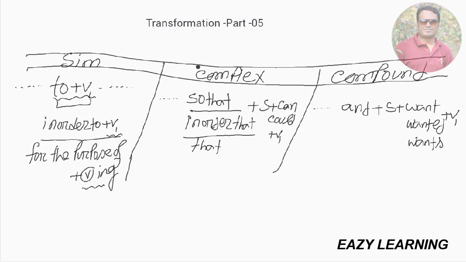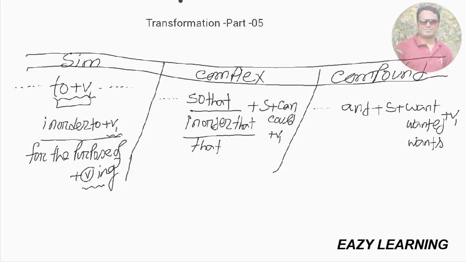You have to write any one according to the subject. So this is the structure, dear students. You must follow this structure if you want to change between simple, complex and compound sentences.